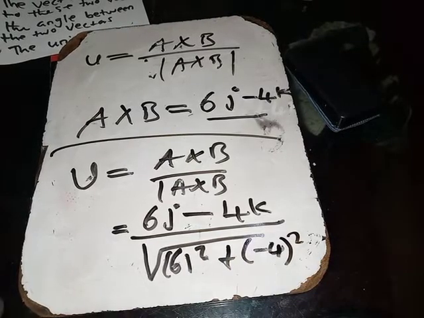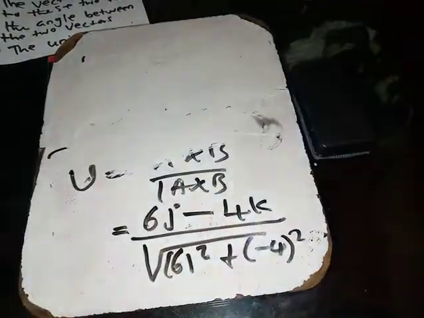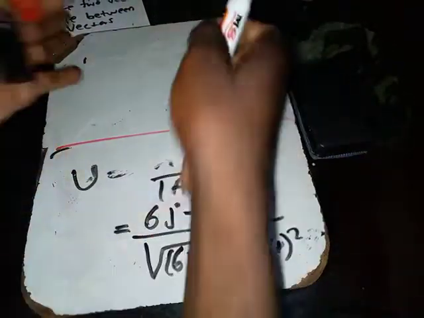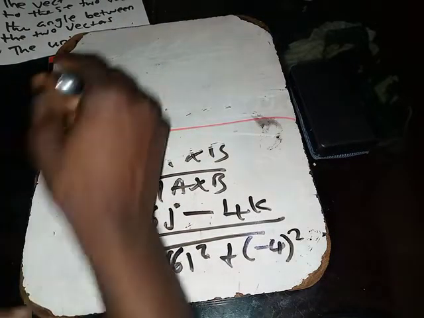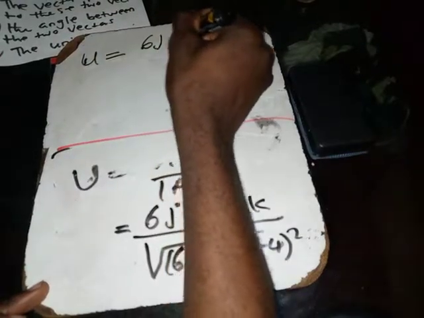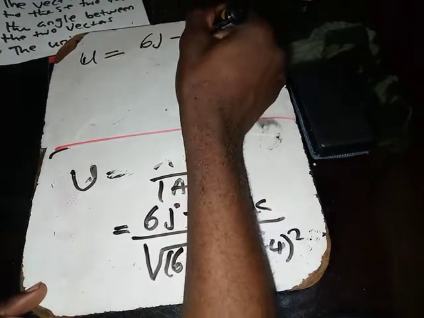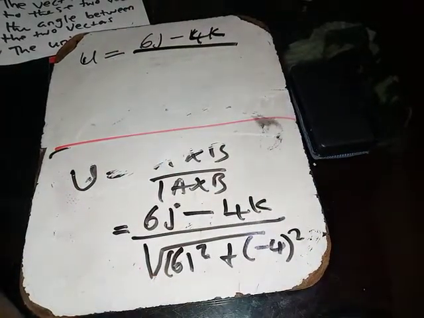You punch on your calculator. Assume this is the continuation of this. So you'll have a unit vector equal to 6j minus 4k over, our main interest is finding this.